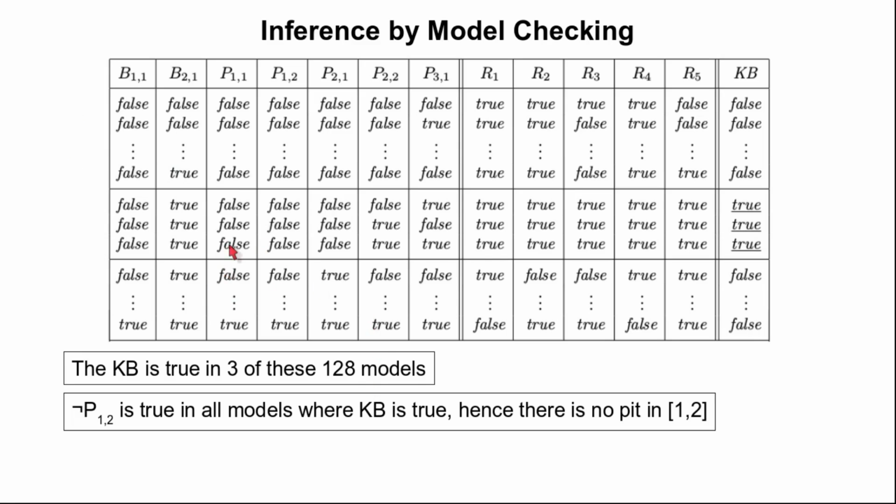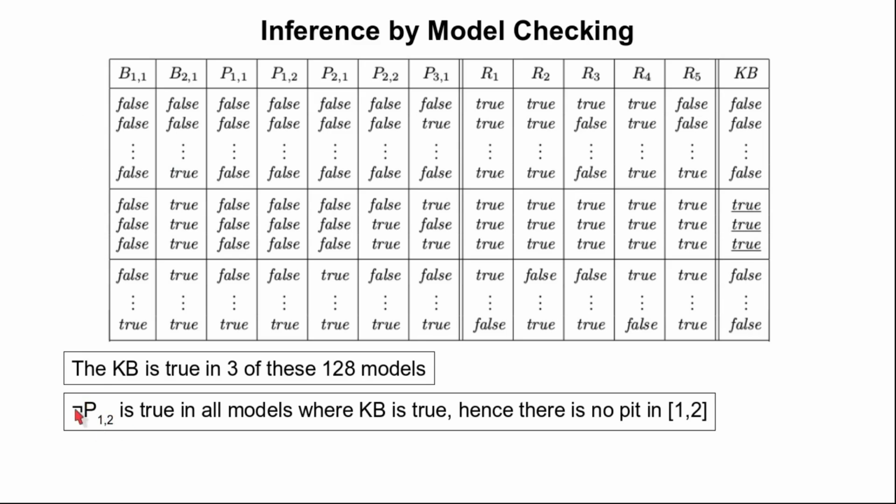And now if you want to find out whether our knowledge base entails, for example, not of P12, so we want to find out whether our knowledge base entails not of P12.